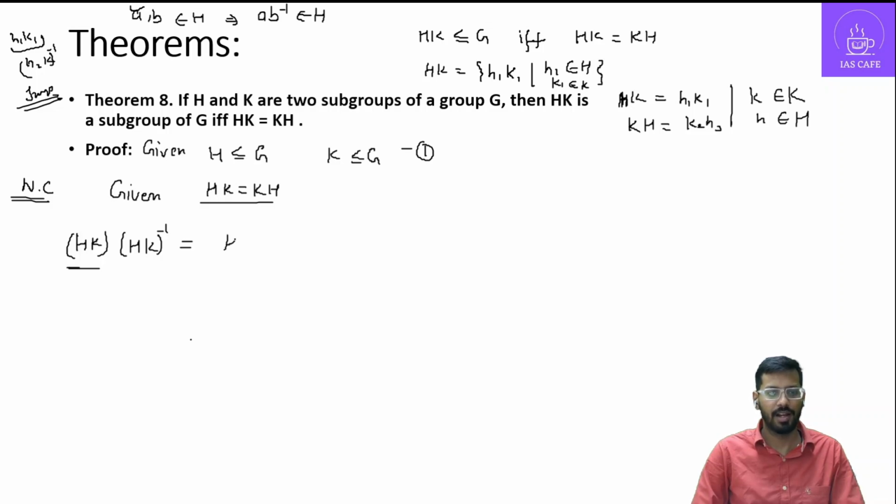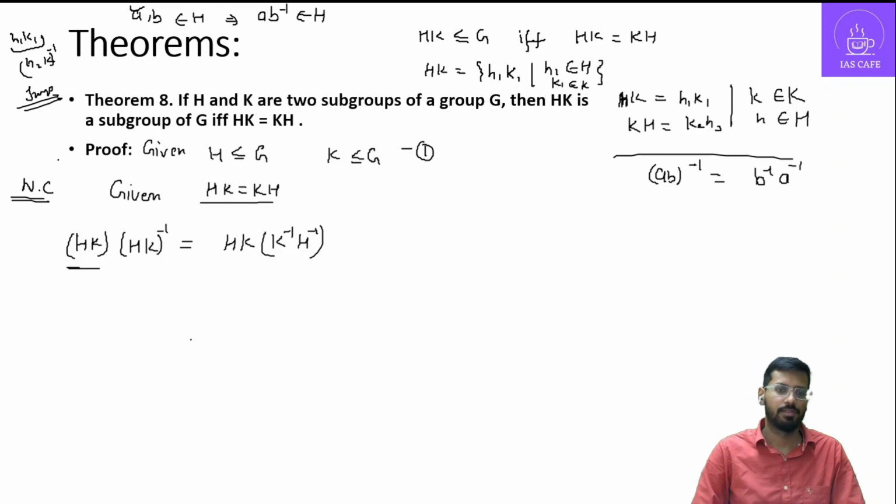So from this we can write HK, that is K inverse H inverse. तो इनवर्स की प्रॉपर्टी होती है कि अगर AB का इनवर्स ले रहे हैं, that is equal to B inverse A inverse. Similarly we can write HK whole inverse is equal to K inverse H inverse.